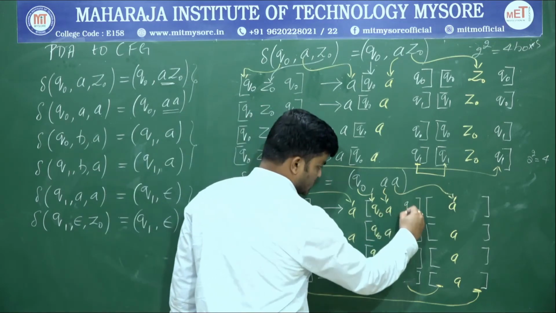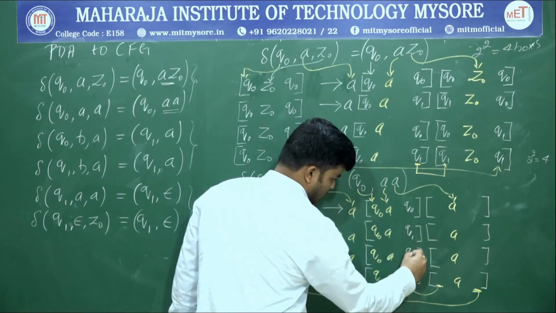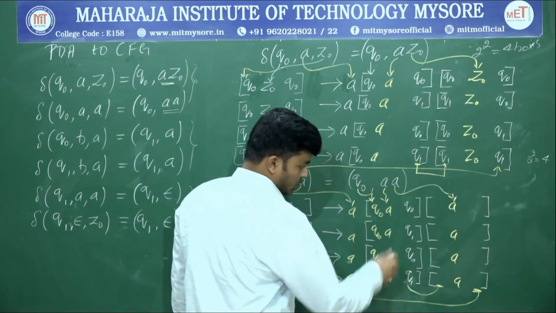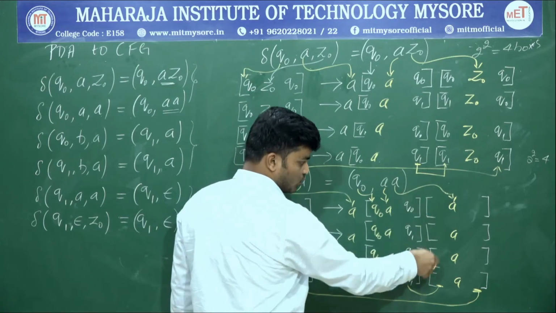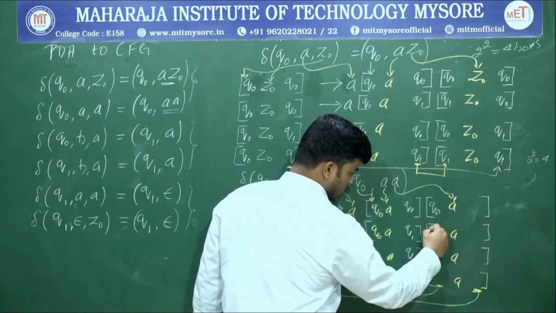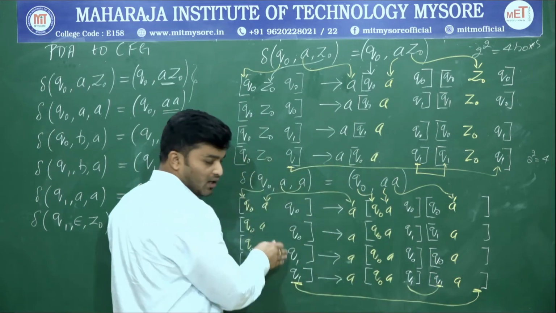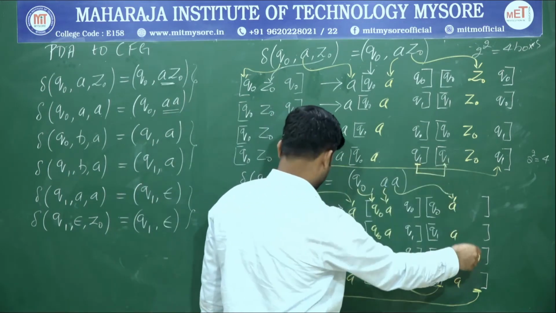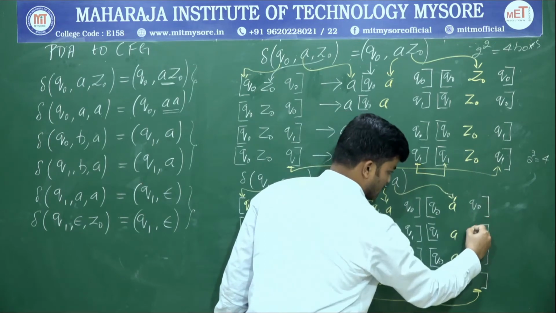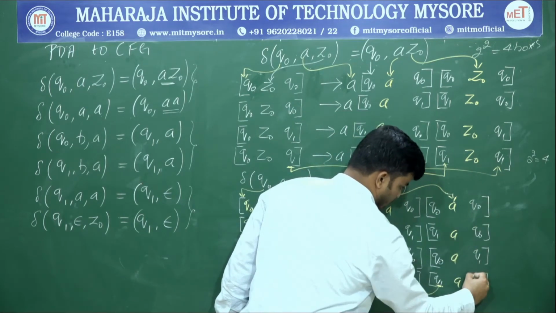Here I am supposed to write Q naught, Q1, Q naught, Q1. The same thing should be repeated in the first column of the second box. Q naught, Q1, Q naught, Q1. This particular column again I have to repeat in the last column. So therefore you will get Q naught, Q naught, Q1, Q1.